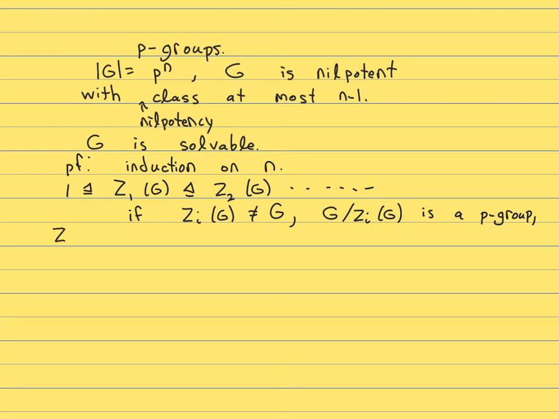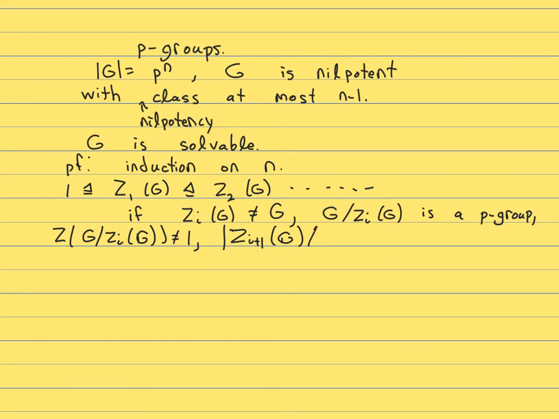Moreover, by theorems we've had before, it has to have a non-trivial center. And in fact, that means it has to have at least p elements. And since that center is how we define the next group in the sequence, well, let me do it more carefully.